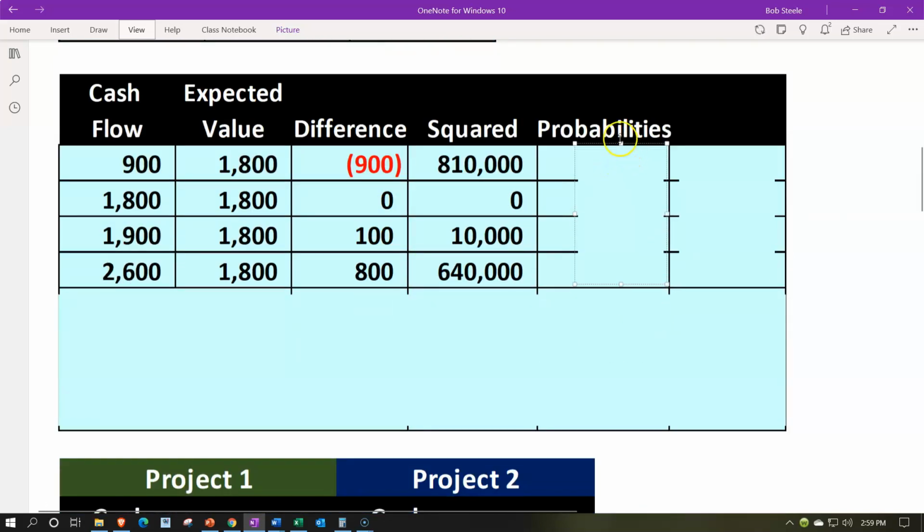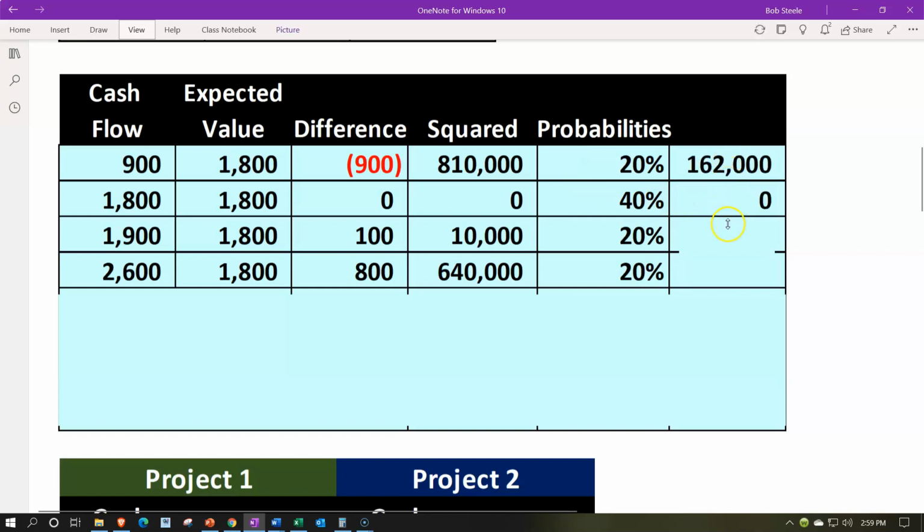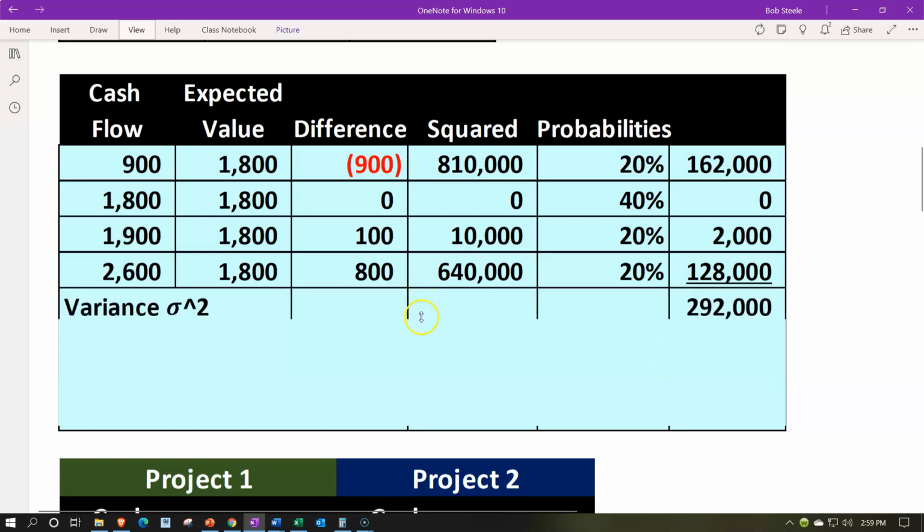There we have those. Then multiplying the 810,000 times the 20%, we have 162,000. The 0 times the 40% is 0. The 10,000 times the 20% is 2,000. The 640,000 times the 20% is 128,000. Adding those up gives us the variance of 292,000.